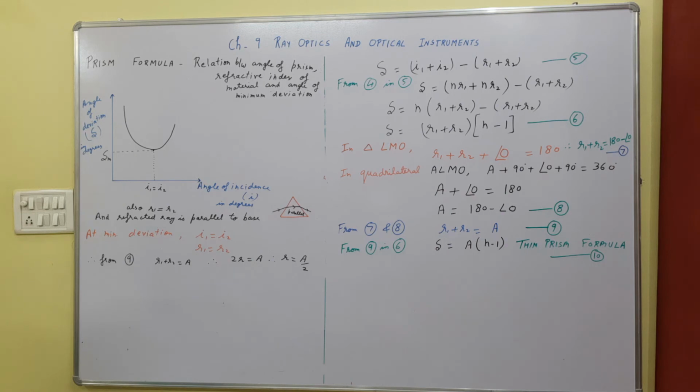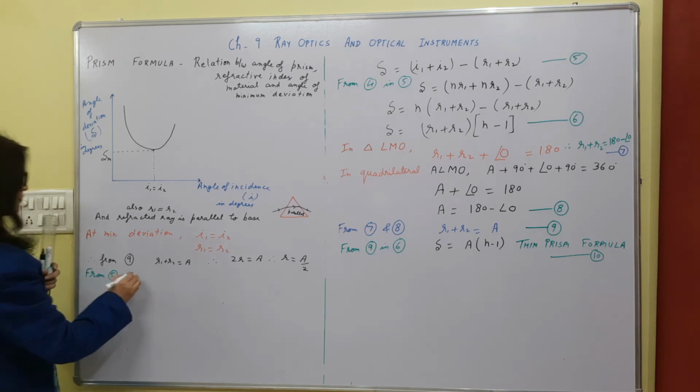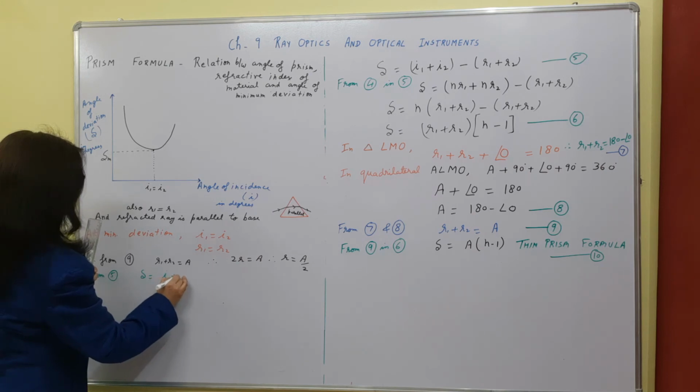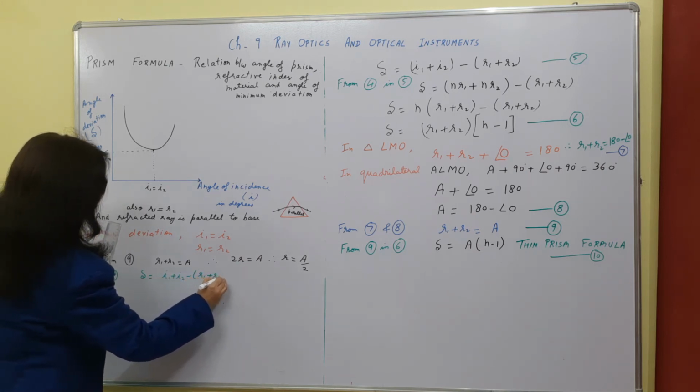One more important relation which we can derive from equation 5 is very important for numericals. From 5, delta is equal to I1 plus I2 minus R1 plus R2.